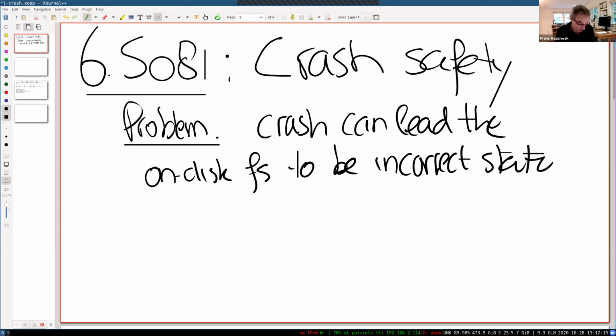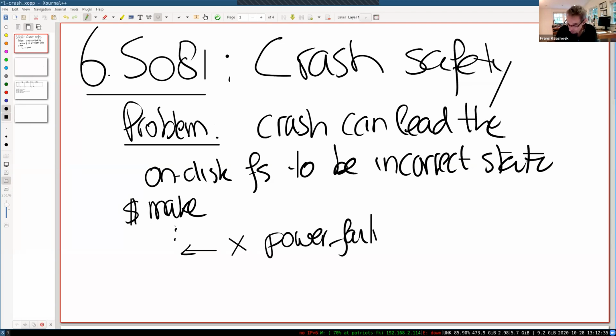And so the scenario where this problem might appear is, let's say you're running make, which interacts with the file system, reads and writes files, and somewhere during that, a power failure happens.